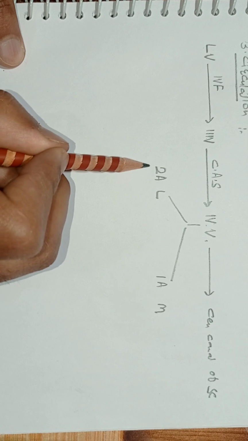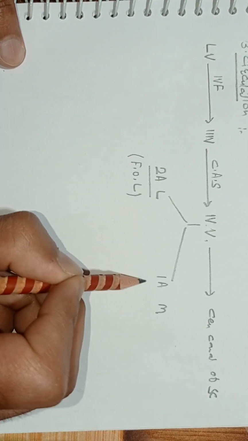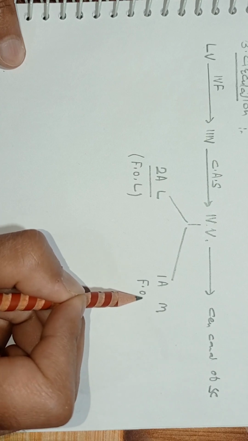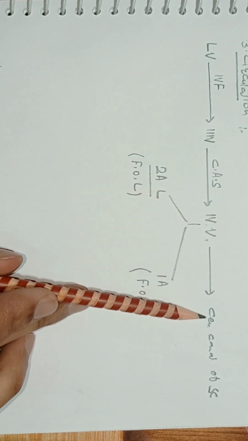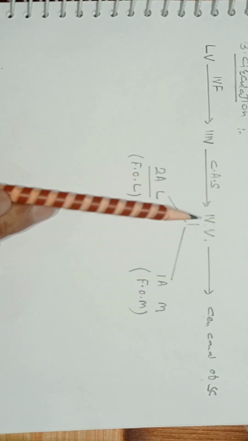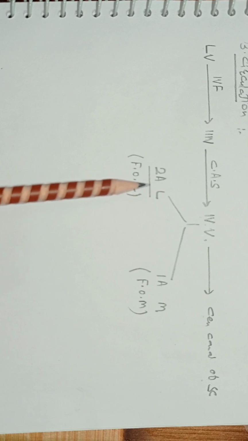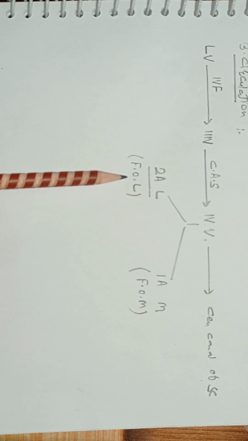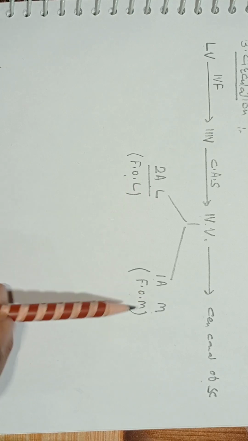These two lateral apertures are called the foramina of Luschka. The one median aperture is called the foramen of Magendie. So CSF from the fourth ventricle goes to the central canal of spinal cord, and also via three apertures: two lateral, the foramina of Luschka, and one median, the foramen of Magendie.